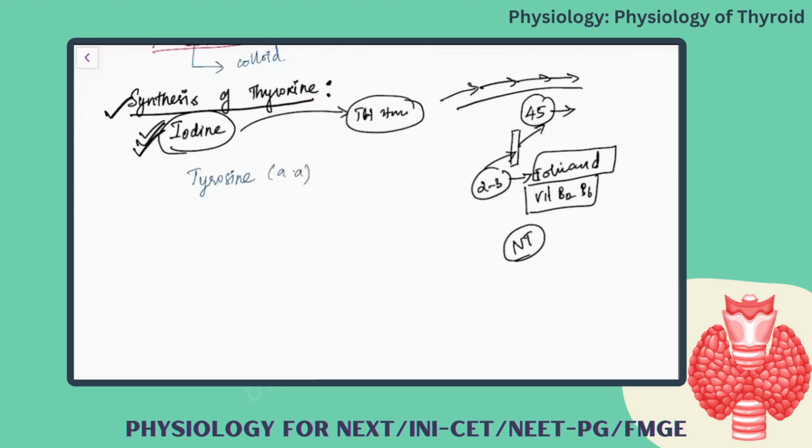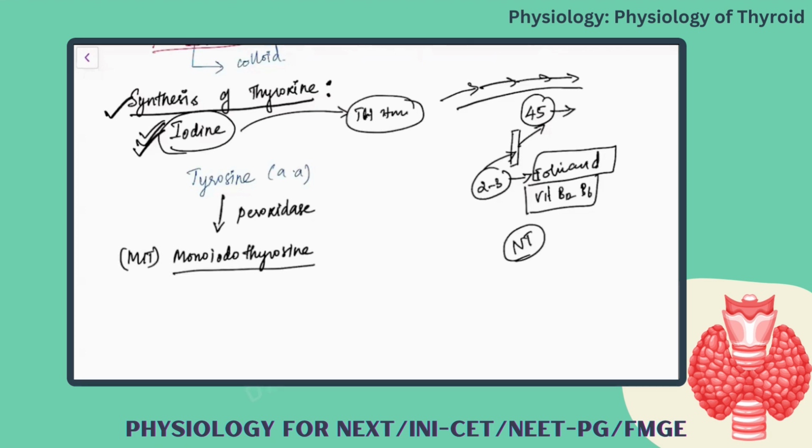Okay, this tyrosine will react with the enzyme called peroxidase, and that is converted into monoiodotyrosine, MIT.